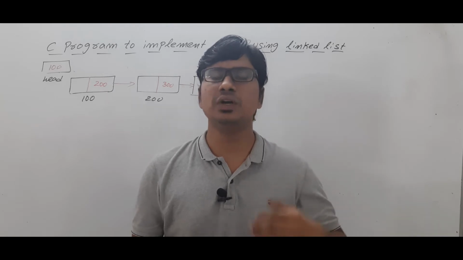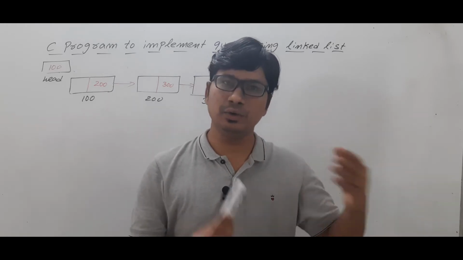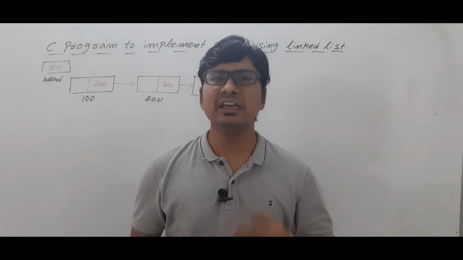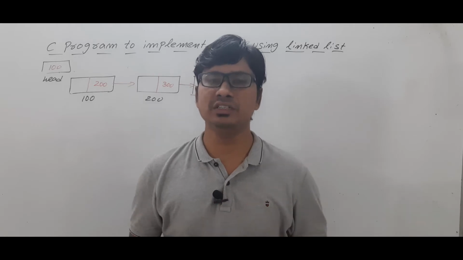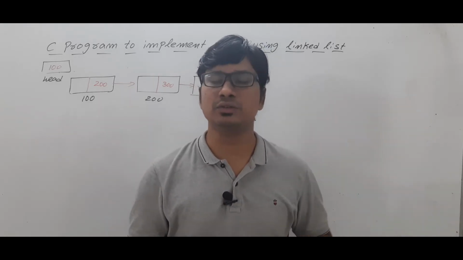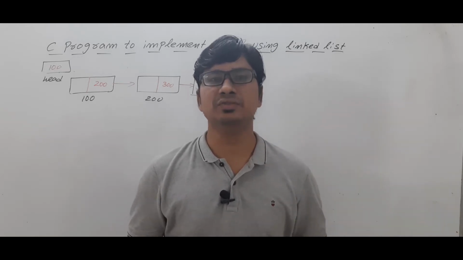First, let me discuss what is the limitation with the array. Then we will discuss the linked list and the queue, and how to implement the queue using the linked list. What is an array? Array is a collection of homogeneous elements. Collection means we have to specify the number of elements also. The number of elements that can be stored in an array depends on the size of the array.